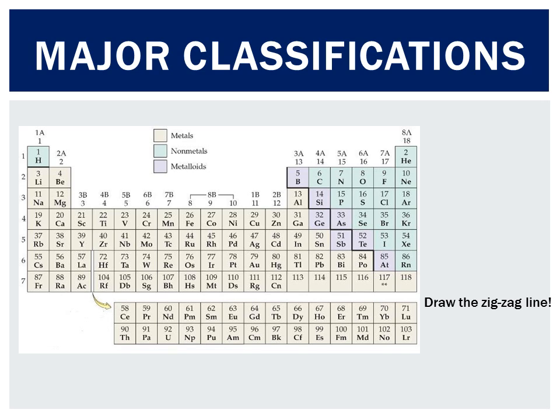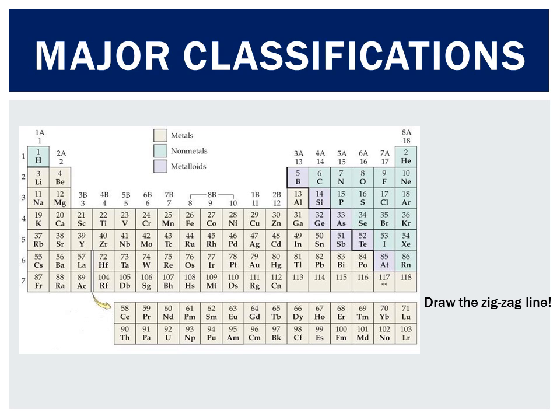What I need you to do is at the very least draw that zigzag line and know that to the left are metals and to the right are non-metals. If you would like to color code your periodic table, you are entirely welcome to if you feel like that's going to help you. But at the very least, I need to see the zigzag line so you can look at it immediately. To the left of this is metals, to the right of this is non-metals.